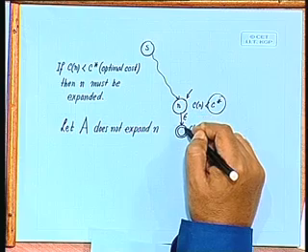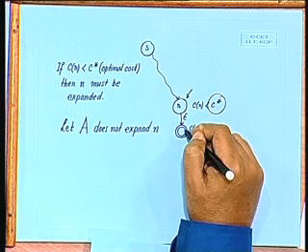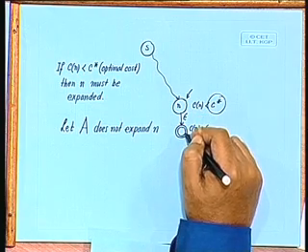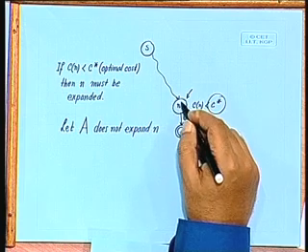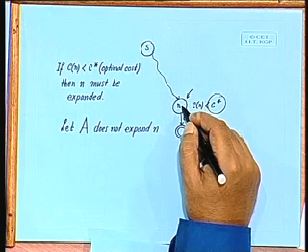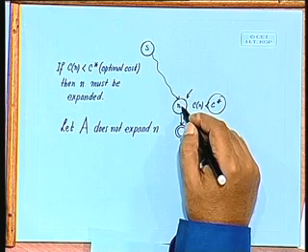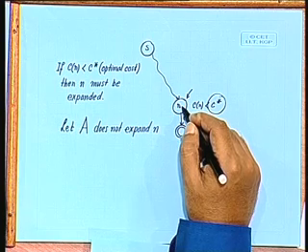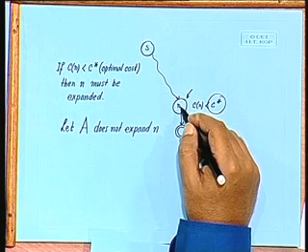So, A will still not expand n, and if it does not expand n, then it will not see this goal. It will not be able to see this goal unless it expands n. Clear? Understood?